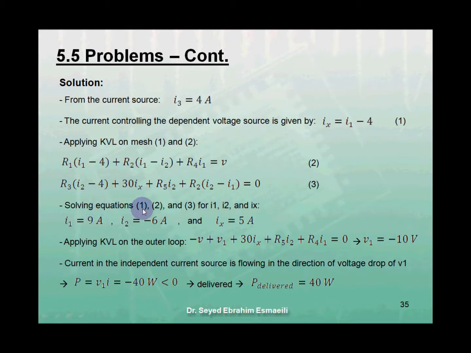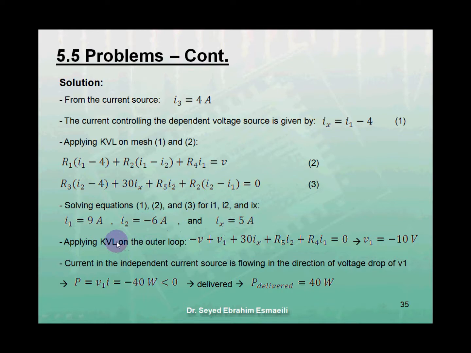Solving equations 1, 2, and 3 for I1, I2, and Ix yields I1 equals 9 amps, I2 equals minus 6 amps, and Ix equals 5 amps.